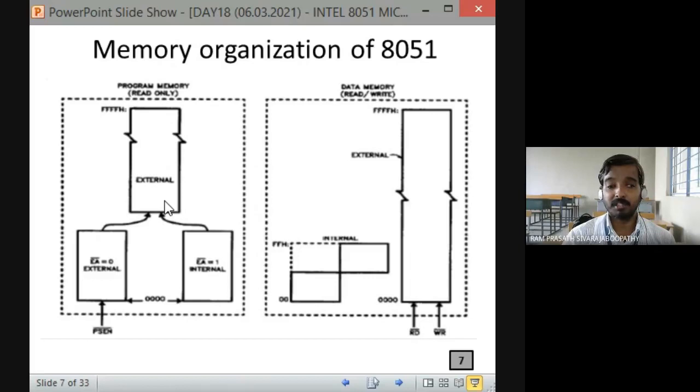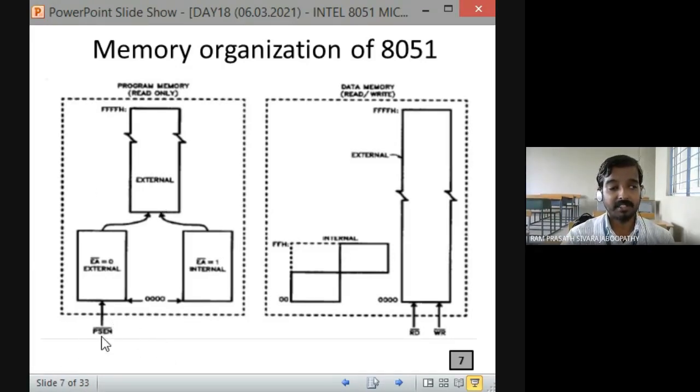What about the signal the 8051 microcontroller uses to read the code memory? We have two memories: 64 KB of external ROM and 64 KB of external RAM. For reading the program memory we have the PSEN bar signal.